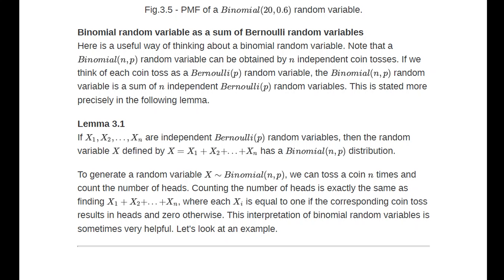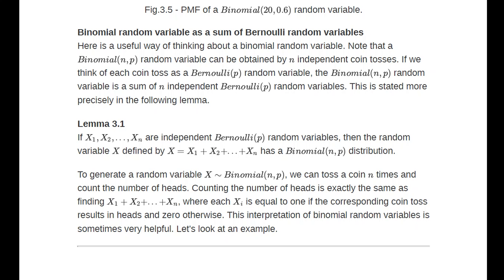This is stated more precisely in the following lemma. If X1, X2, until Xn are independent Bernoulli(p) random variables, then the random variable X defined by X equal X1 plus X2 until Xn has a Binomial(n, p) distribution.